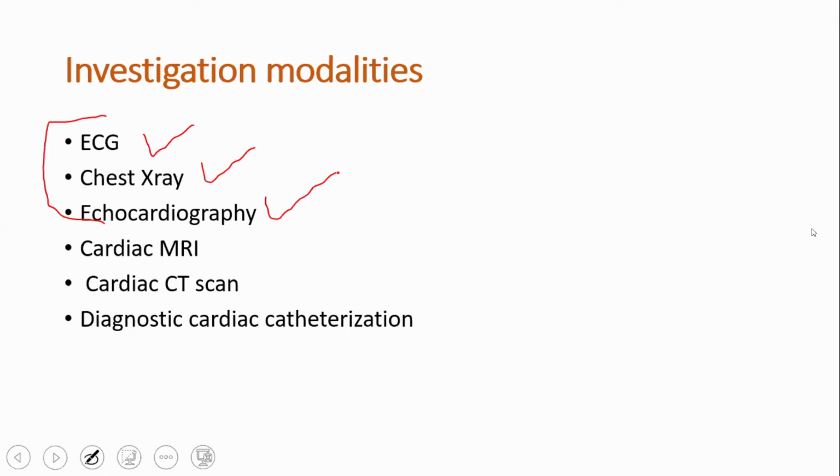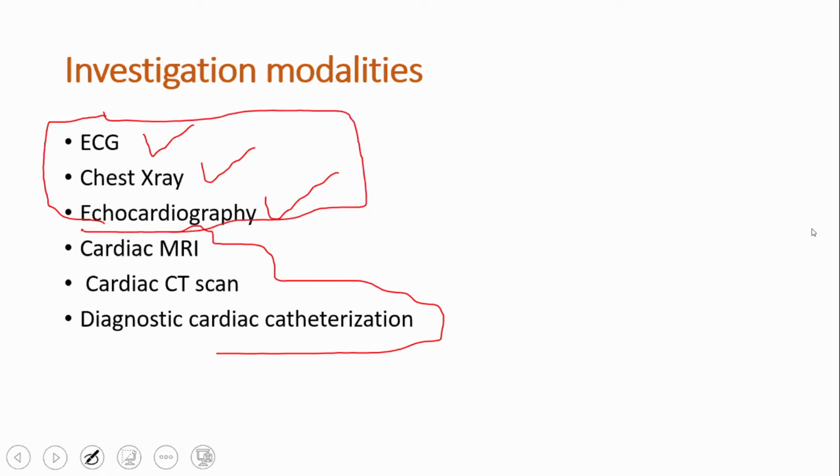When you diagnose this from these three investigations, to confirm the diagnosis and to do detailed investigation, we go for cardiac MRI, cardiac CT scan, or diagnostic cardiac catheterization. We do not go for cardiac MRI or CT scan at once. First the basic investigations. Whenever you suspect by NADA's criteria, if the clinical features look like congenital heart disease, we do these three investigations first: ECG, chest X-ray, and echocardiography.